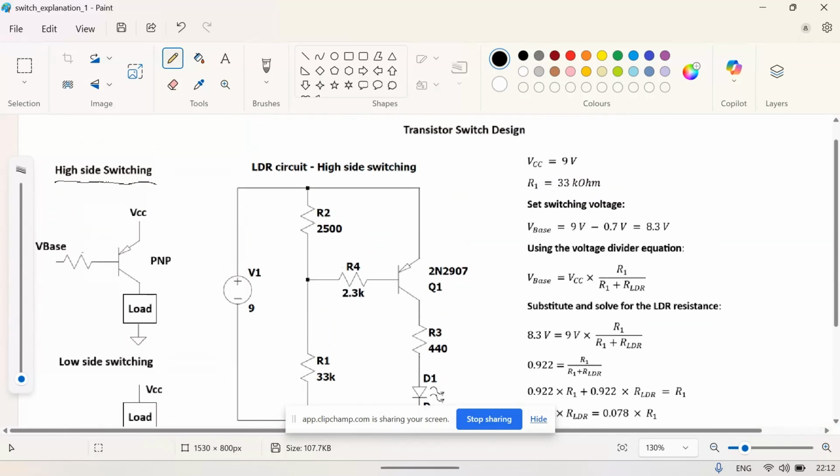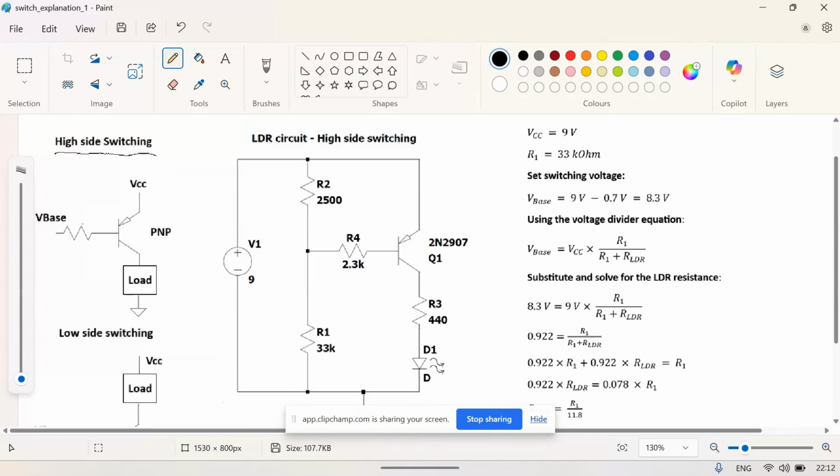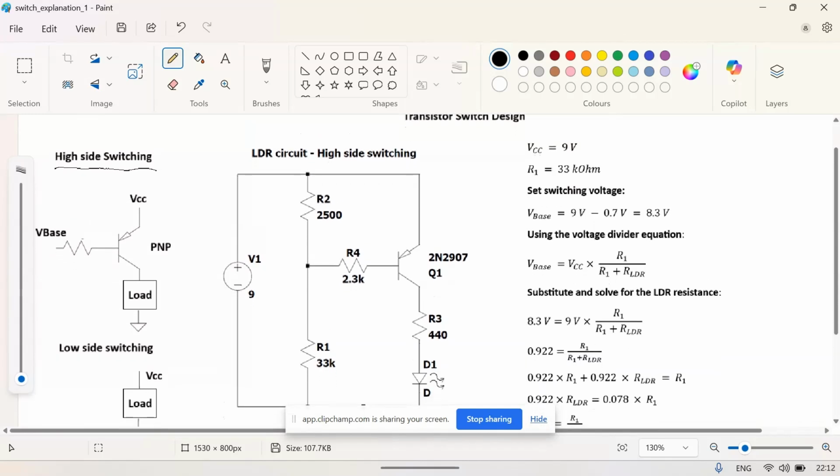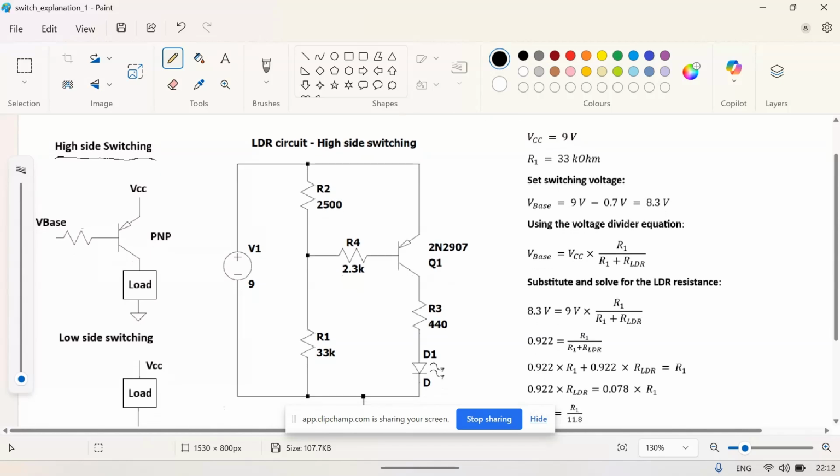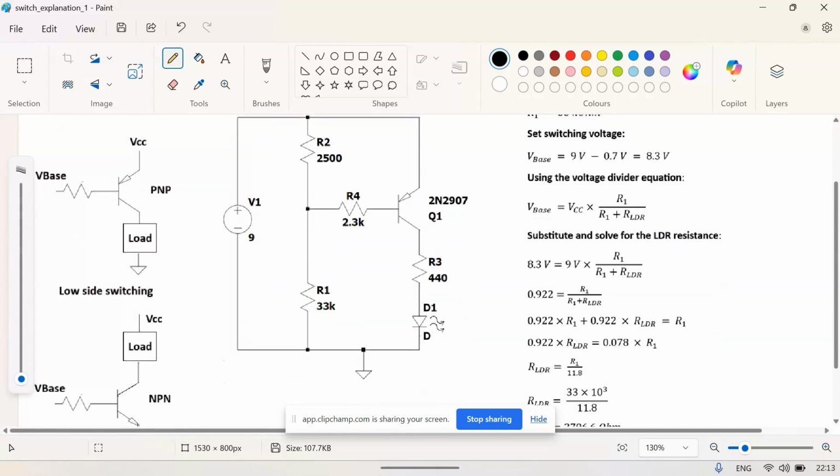For the purpose of our demonstration, we are designing an LDR circuit. LDR means light dependent resistor. It is a resistor whose resistance changes with the light intensity. So here, if you see, R1 is a fixed resistor that we are using in the circuit, and R2 is the LDR resistance.